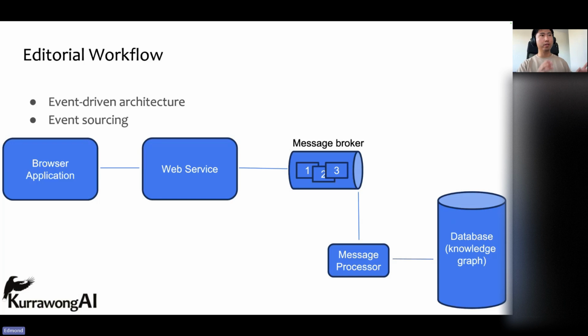We still have our web service and our web application for them to make changes and edits to the knowledge graph. But now there's this message broker that's sitting in the middle. So basically, whenever a user makes a change, when they add something, when they delete something in the knowledge graph, whether that's the vocab or some kind of resource, these are sent as messages to the message broker.